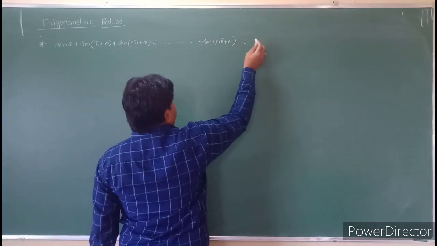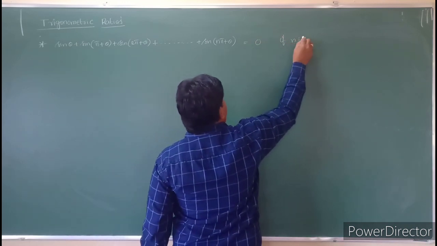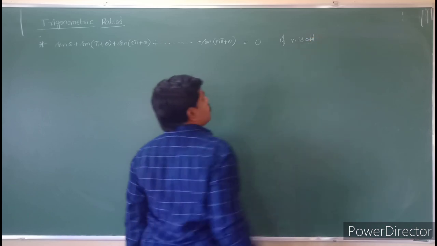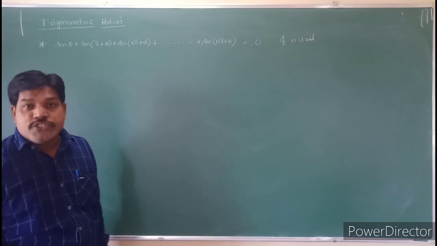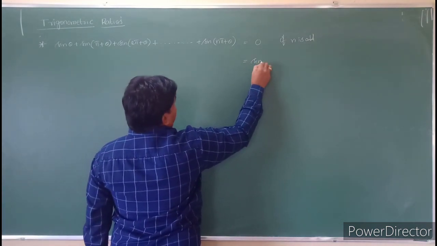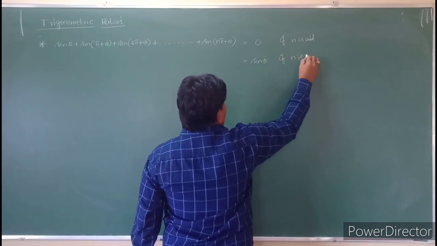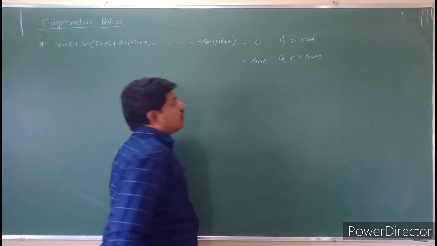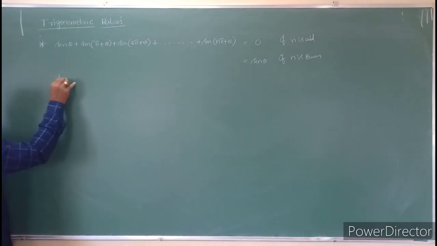This value is 0 if n is odd. If n is odd, then the sum will become 0, and this value is sin theta if n is even. Yes or no? So see this condition, students. For example, if n is equal to 1.